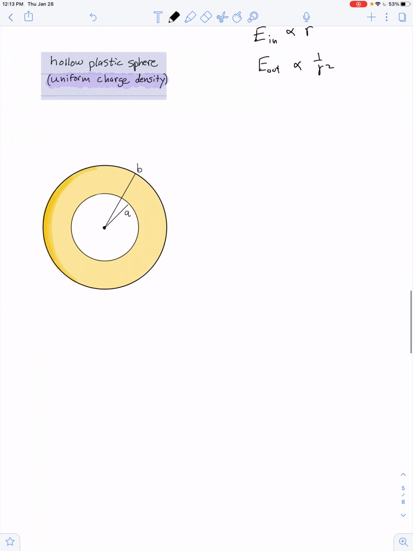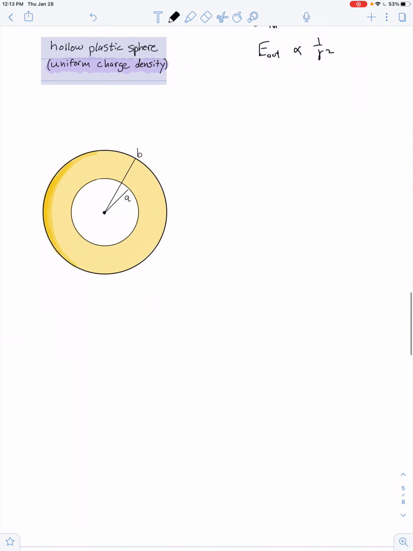Now, if our sphere is hollowed out, then how do we find the electric field at these different points? So let's make a point 1, 2, and we make point 3 right at the surface, and then point 4 on the outside. So we might be curious what a graph looks like of electric field versus distance from the center, and we can make a few reference points.